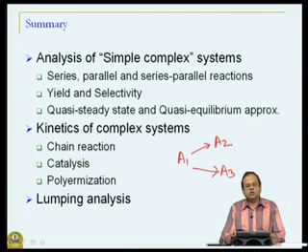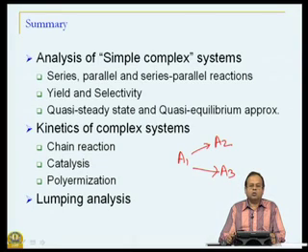Then we talk about the yield of A2 on the total A1 consumed, or the selectivity of A2 over A3, and these in turn often determine how we choose our reactor, that is, if you want to maximize yields, maximize selectivity and so on.